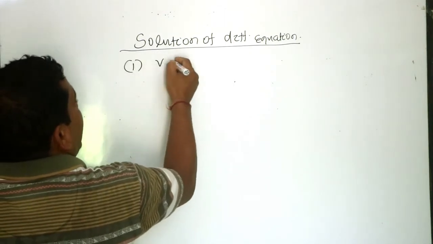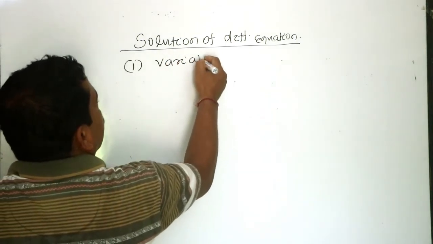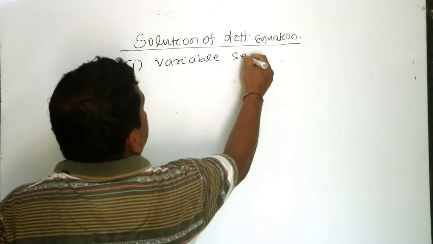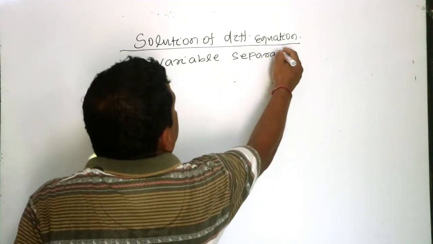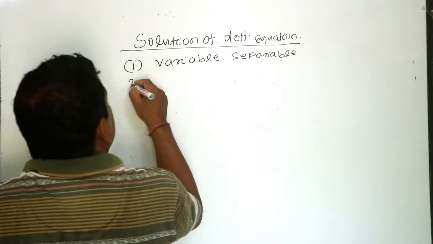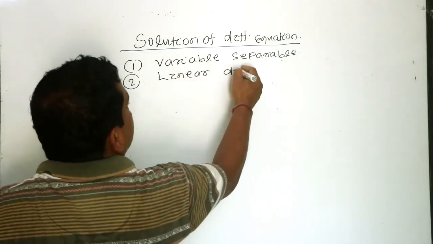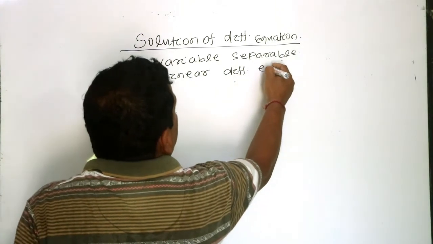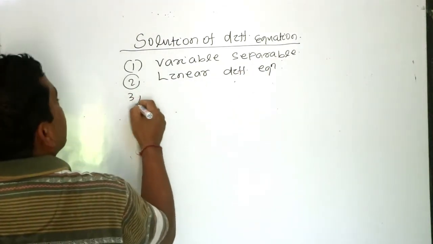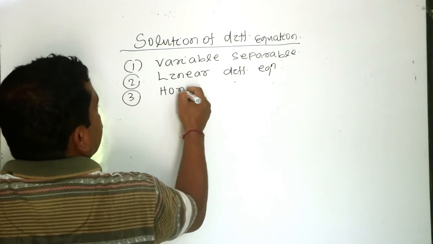One is variable separable. Another is linear differential equation. Third is homogeneous.